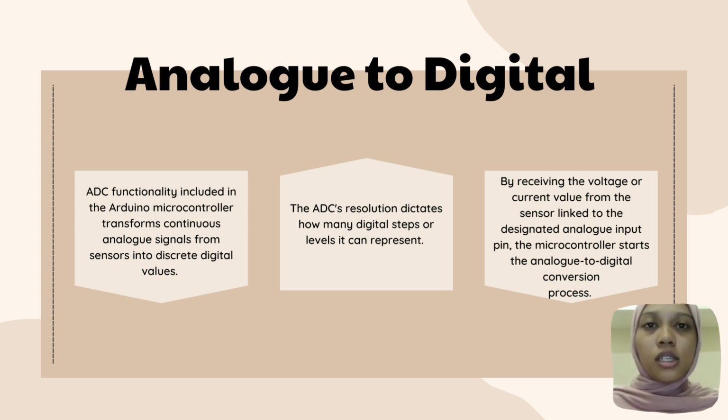The ADC functionality included in the Arduino microcontroller transforms continuous analog signals from sensors into discrete digital values. The ADC's resolution determines how many digital steps or levels it can represent. More exact measurements are possible with higher resolutions. By receiving the voltage or current value from the sensor linked to the designated analog input pin, the microcontroller starts the analog to digital conversion process.